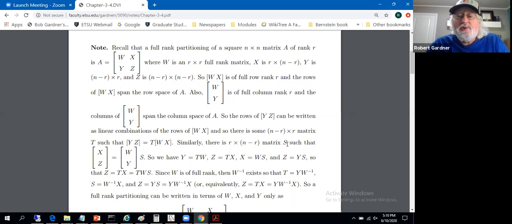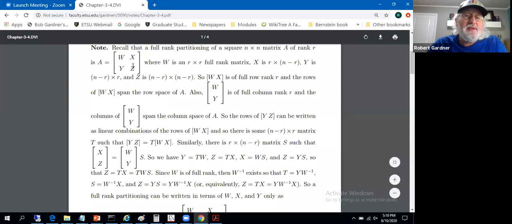Similarly, there's a matrix S of coefficients such that if we take the left-hand part of the matrix, the [W Y] part, and multiply on the right by matrix S, what you get is linear combinations of the columns of this matrix using coefficients from matrix S. We'll choose those coefficients in such a way that those linear combinations of these columns produce the other columns.